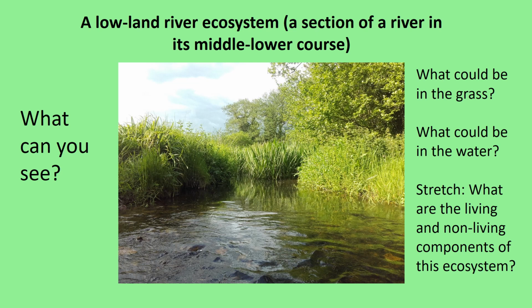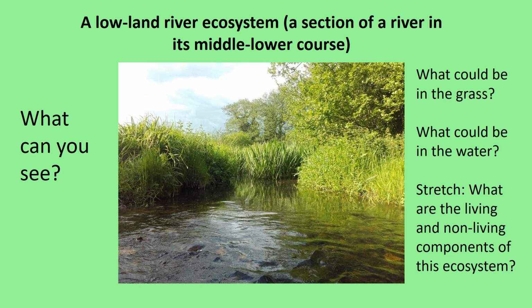There's things that we can see, but there's also things that we can infer to be there. For example, we'd expect there to be possibly some, well, there definitely would be some species of fish in the river. Usually some frogs, for example, tadpoles, frog spawn. And what could be in the grass? So think about the types of animals that might be in that particular landscape.